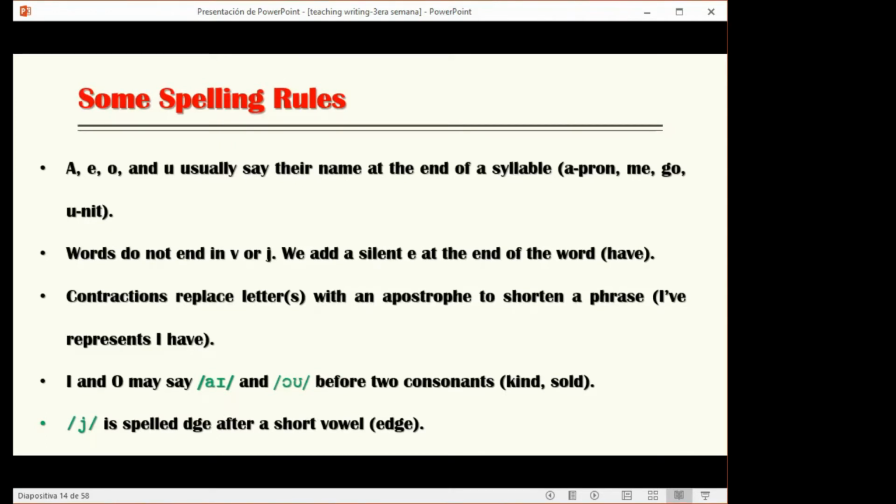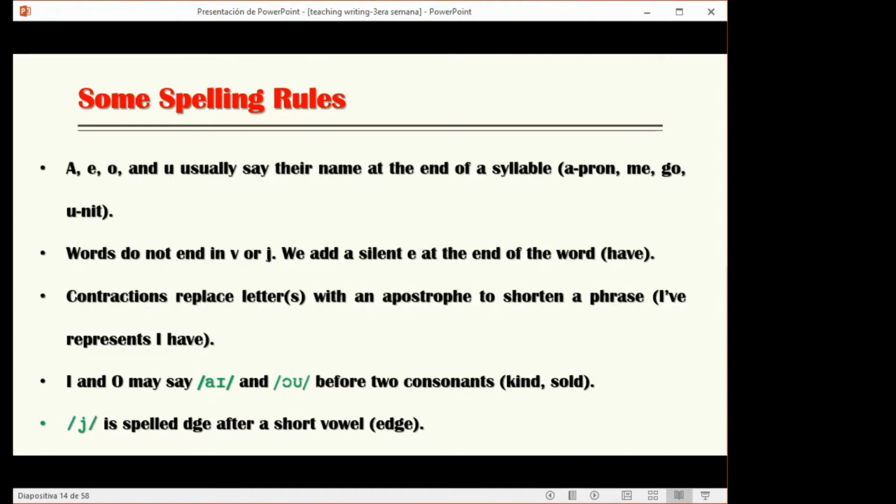Leave, have, arrive. Notice we don't pronounce the final E when it's preceded by the V or J. So these are the spelling rules. So the letter E is not pronounced.